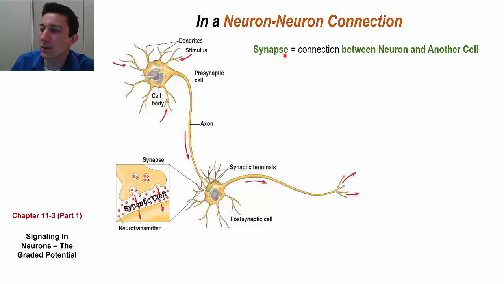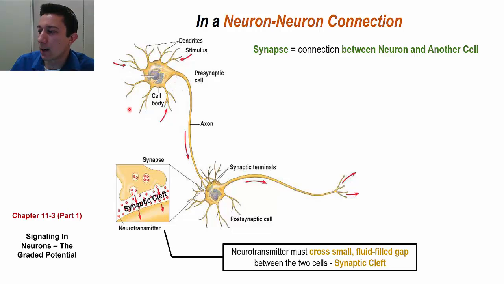In Chapter 9, we saw that the synapse had a special name. It was called the neuromuscular junction. Basically, what we saw was our axon terminals making a physical connection with our skeletal muscle cells. This synapse always occurs across a fluid-filled gap.